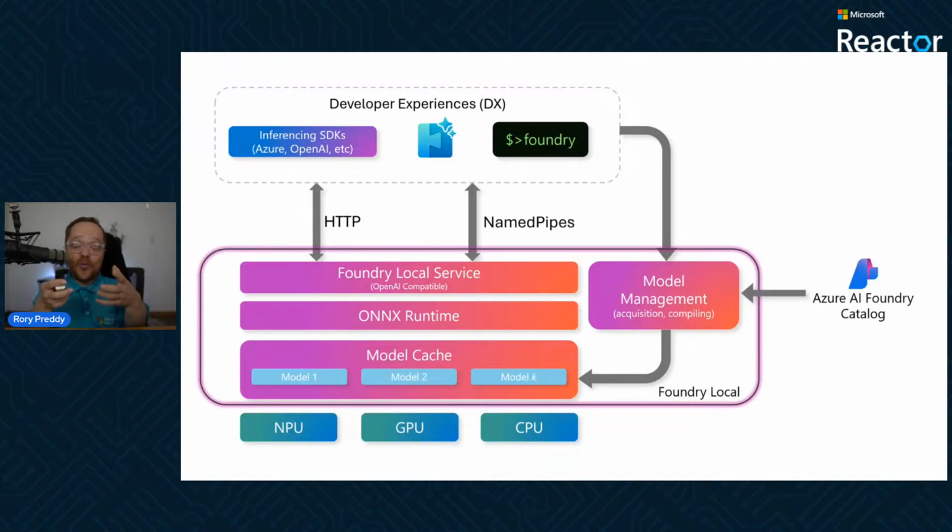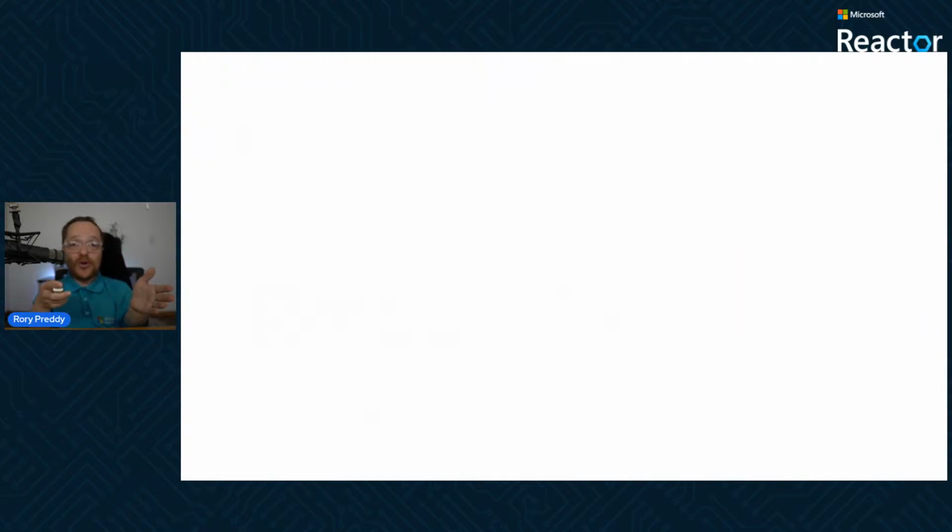And we're going to use one that is pretty simple, Phi-3.5, as part of the next example, which is Foundry Local.